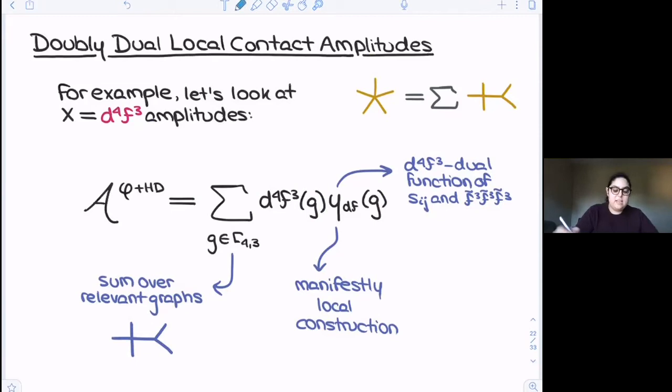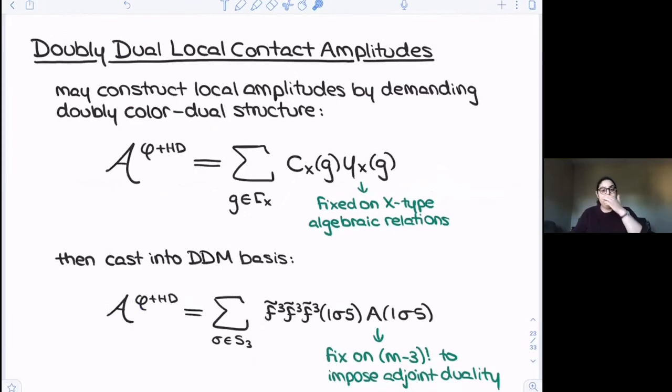So we see a D4F3 type color-kinematics duality emerge in this amplitude when we striate along D4F3. And this gives us a really powerful method for constructing these amplitudes. So rather than start off with the adjoint striation, we start off with our alternate striation like D4F3.